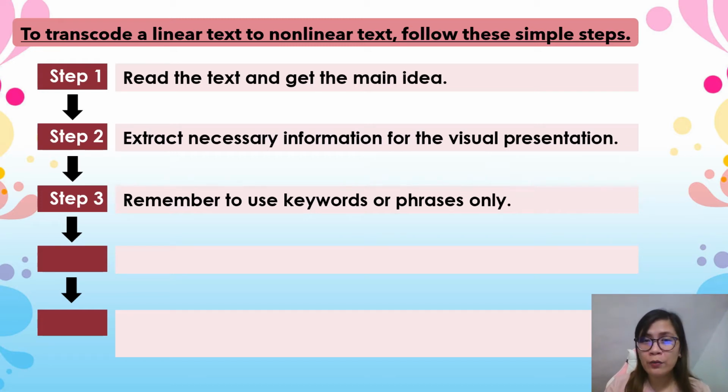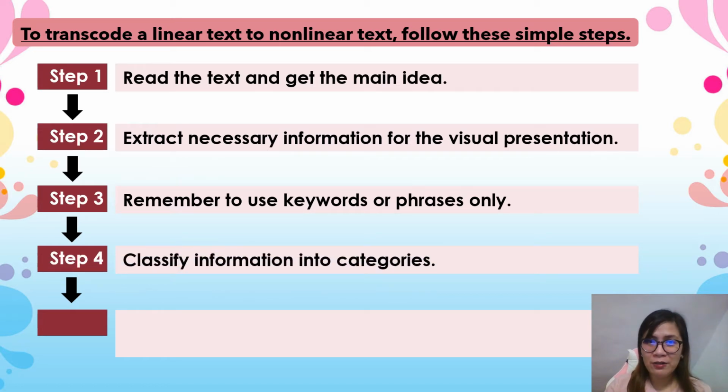So you use keywords and phrases. Number 4. Classify information into categories. So after getting the information, identify them. If you can recall our activity in the infographic, there are informations that are separated, like the types of beds that are shown in that particular infographic.